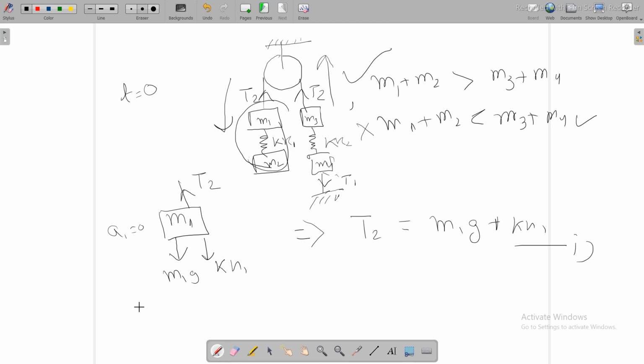Similarly, for mass m2, there will be spring force kx1 and weight force m2g. Therefore acceleration a2 is also 0, so in equilibrium kx1 is equal to m2g. This is the second equation.